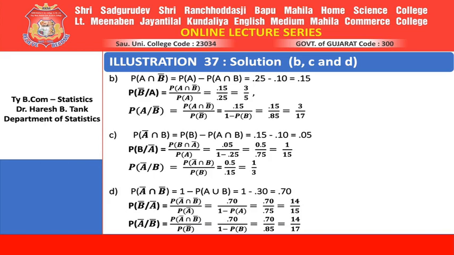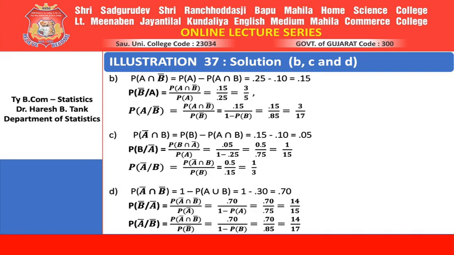The third element of B, the required probability, is probability of A where B complement occurred. By formula it is probability of A intersection of B complement divided by probability of B complement. Look, here it is B complement, because after the slash it is in a complement form, so here it will be probability of B complement.